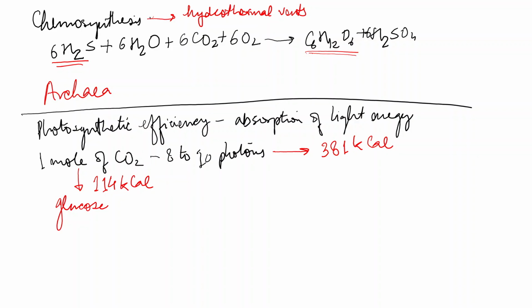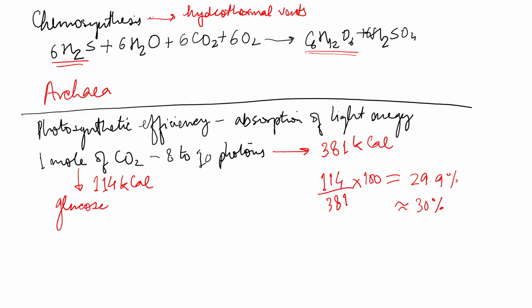So what happens here? Availability is 381 kilocalories, but what is actually being used is 114. So what percentage of available light energy is being used? 114 divided by 381 times 100 comes to approximately 29.9%, or 30%.